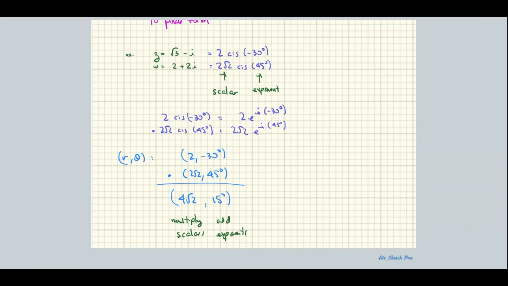Add exponents. So that really is just as easy as you think, right?